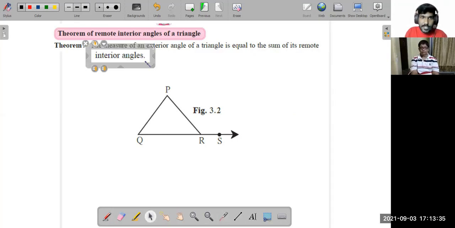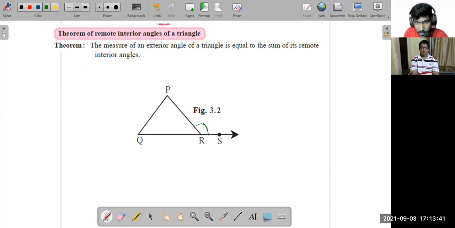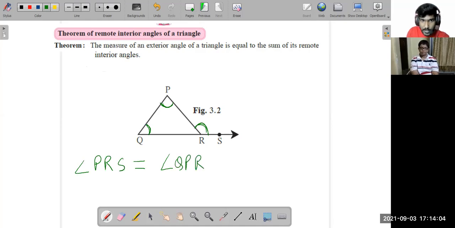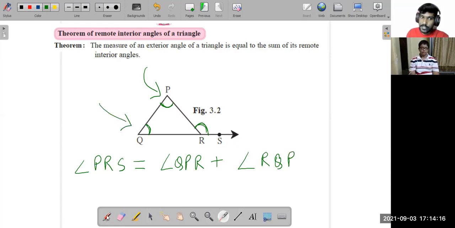In simple words, the measure of the exterior angle PRS is equal to the sum of these two interior angles. Sum means you add. So angle PRS, the exterior angle, is equal to angle QPR plus angle RQP. Is this clear?